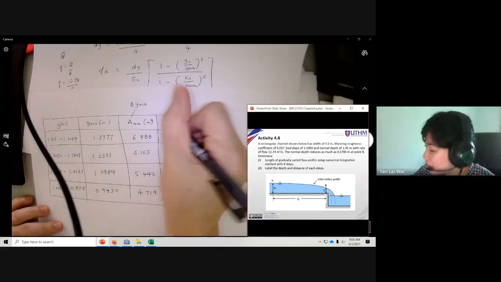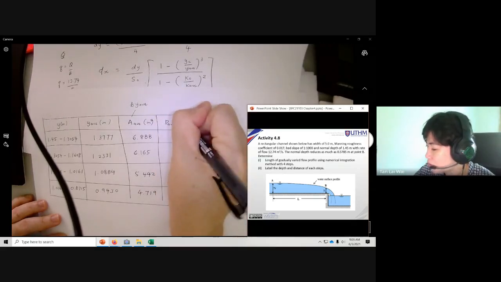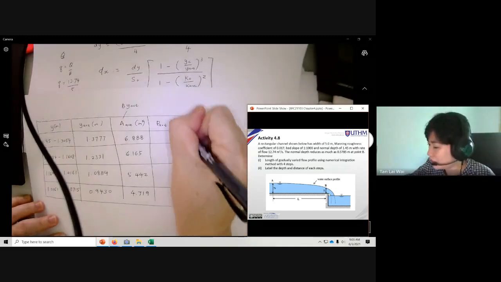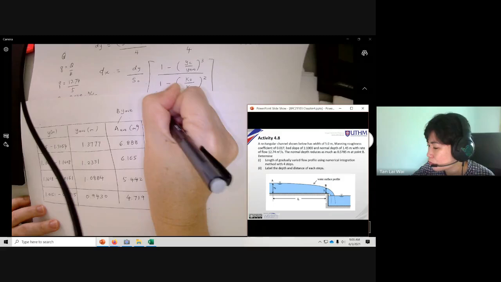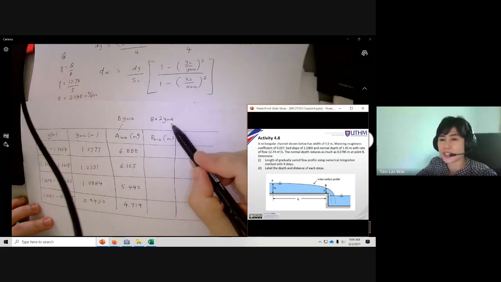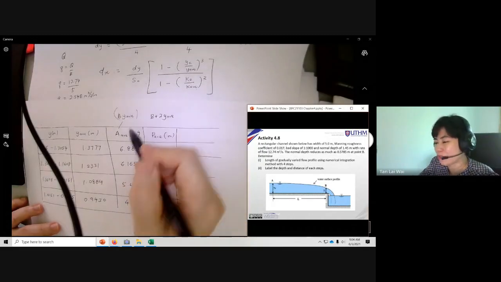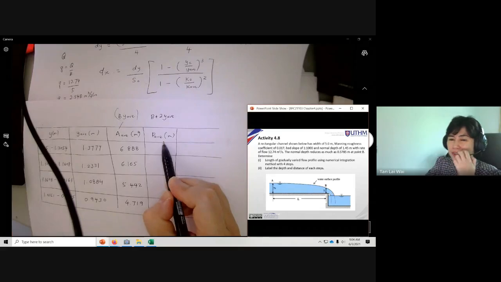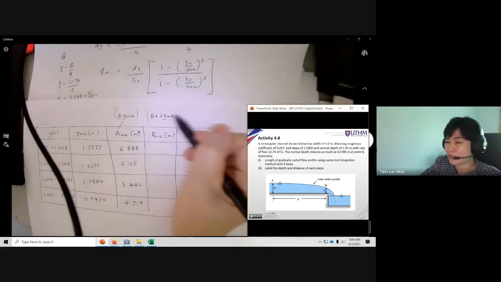Okay, great. The next one would be P average, in meters. This would be B plus 2y average. This is the formula for rectangular. If it's trapezoidal, then in order to find A and P, you have to use a different formula. This is the formula for rectangular.